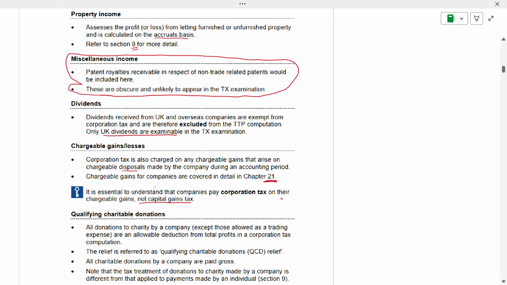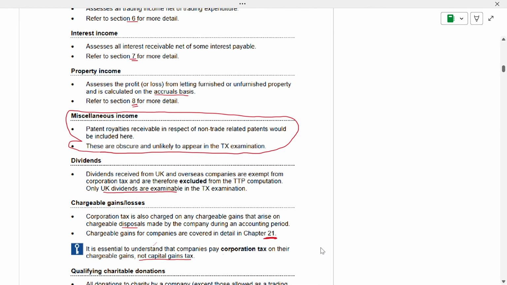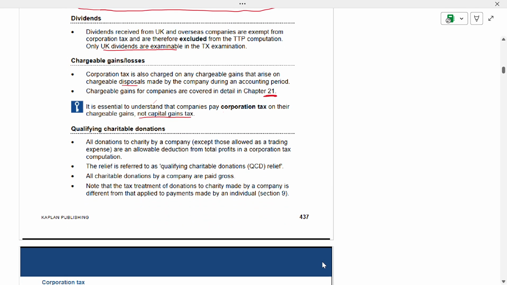It is essential to understand that a company pays corporation tax on chargeable gains, not capital gains tax. Capital gains tax is different. Corporation tax on chargeable gains. What is a chargeable gain? Just read a little bit.